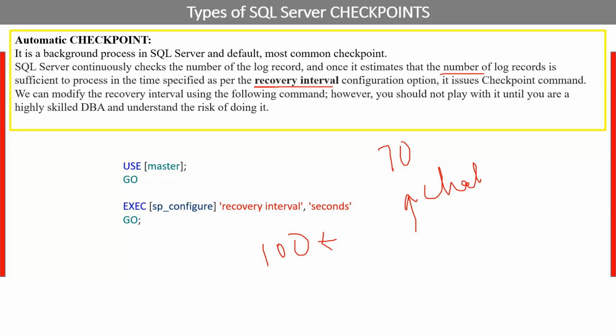If both match, then the checkpoint will be triggered automatically. So SQL Server keeps checking how many changes you made, and if it estimates that this is the right time to trigger, it also verifies your checkpoint interval time.